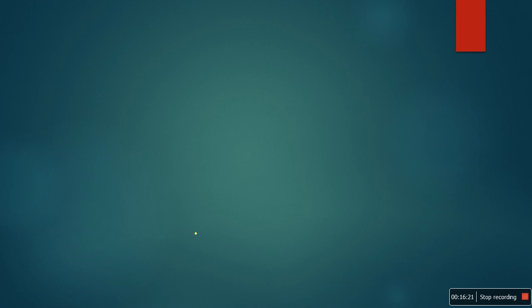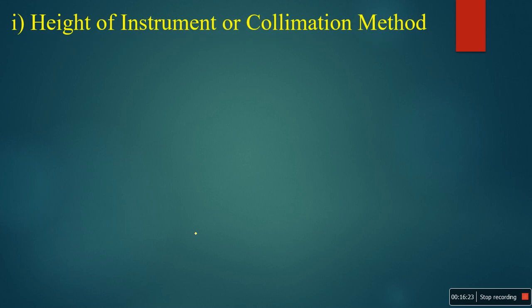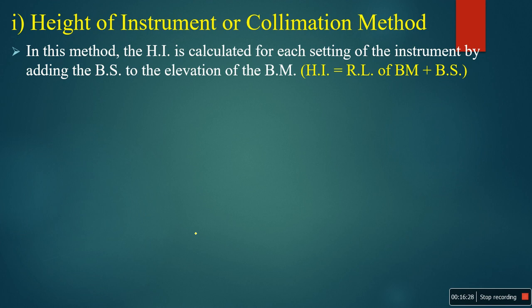Next we discuss the height of instrument or collimation method. In this method, just remember that the height of instrument is calculated at each setting of the instrument by adding the BS to the elevation of the benchmark. So here you calculate the height of instrument, and by using the height of instrument we calculate the RL of the point.